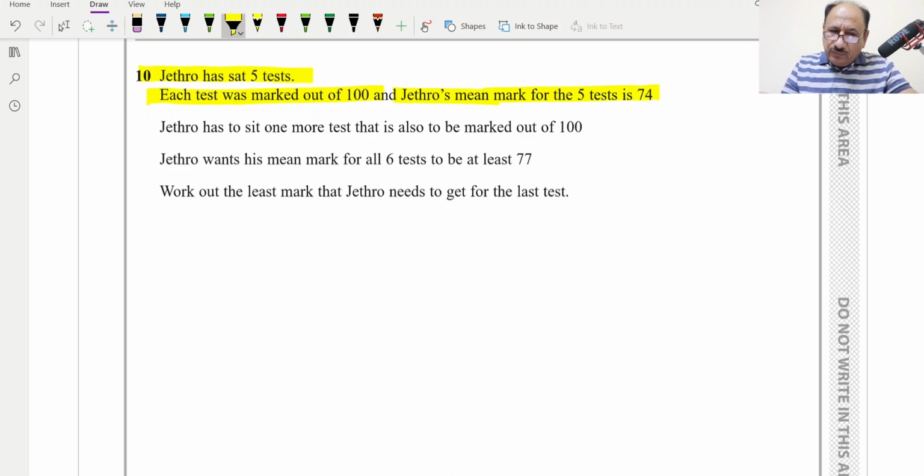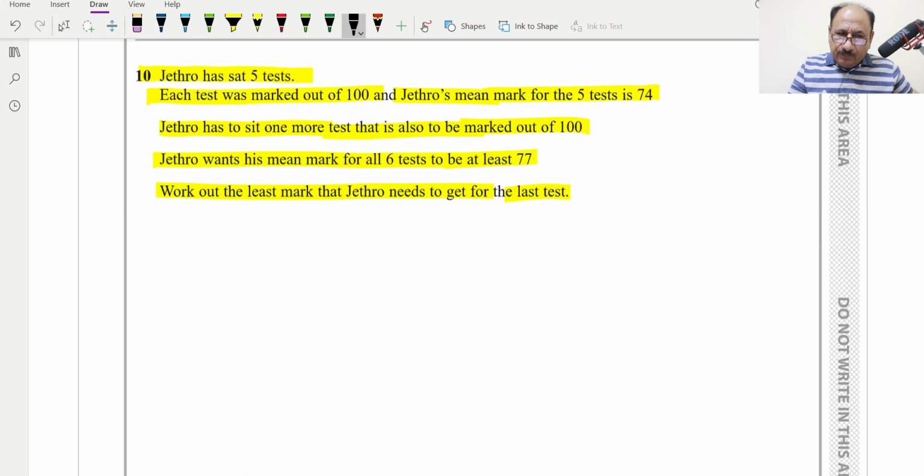Jethro has to sit one more test that is also to be marked out of 100. Jethro wants his mean mark for all 6 tests to be at least 77. Work out the least marks that Jethro needs to get for the last test.